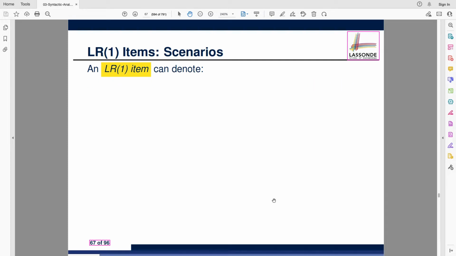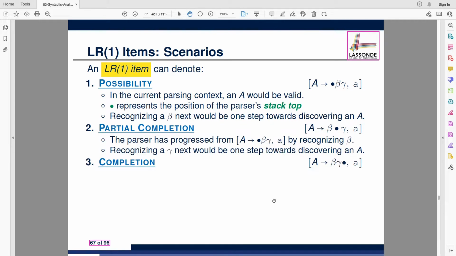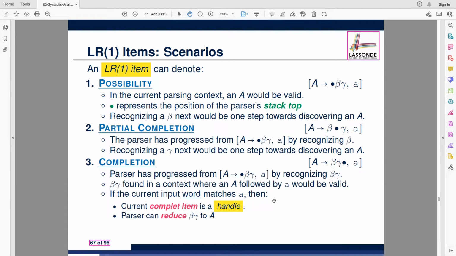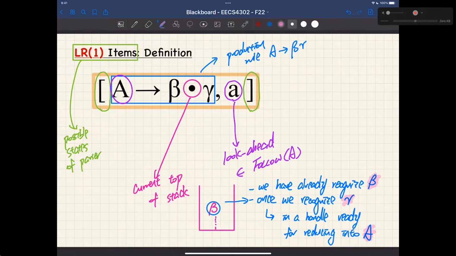And let's now talk more about how this LR1 item may float. There are three terms we have to know. One is called possibility, the other is called partial completion, and the third is called completion. Let's go over them one by one, quickly.